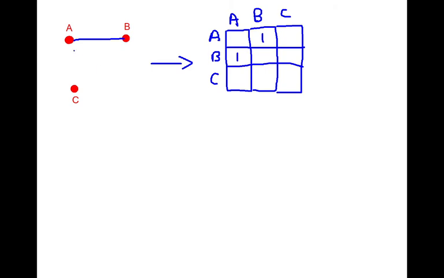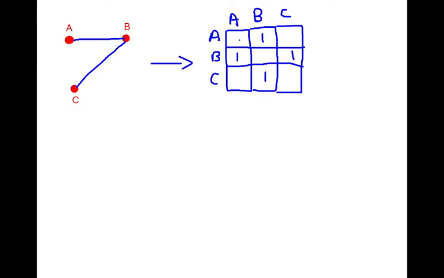And there are no other edges, right? So, for example, if we had another edge, for example, from B to C, right? So we would have put a 1 between B and C. Similarly, C is not connected with A, so we are not going to put anything here, but C is connected with B, so we are going to put 1 here.